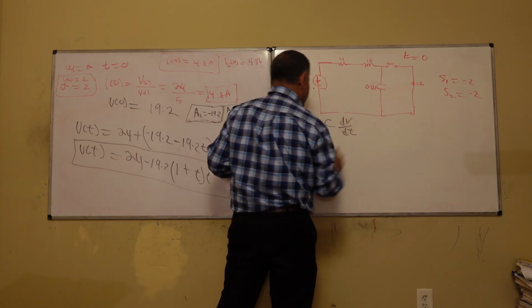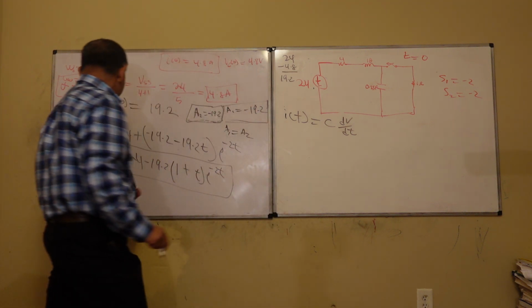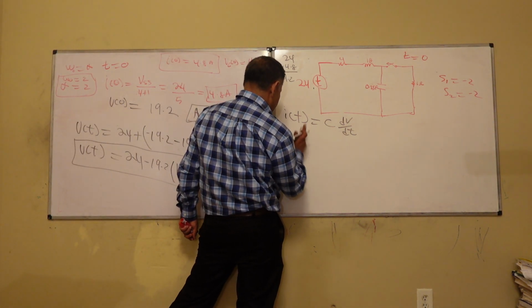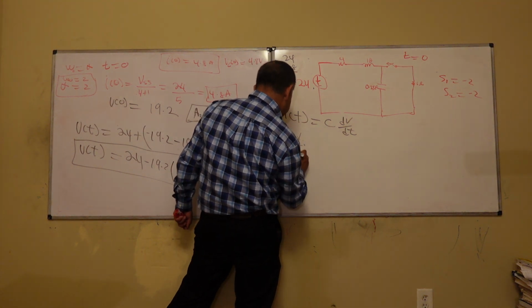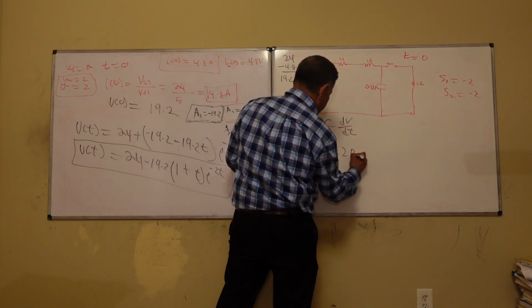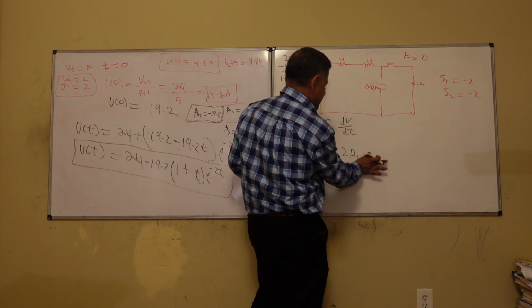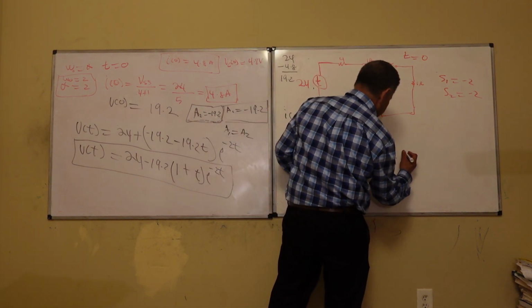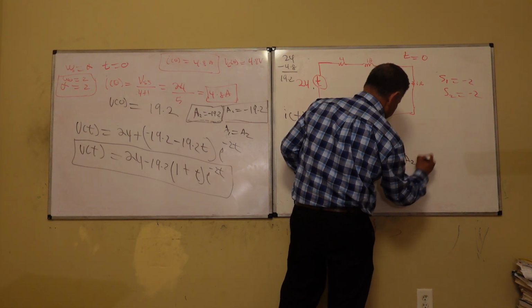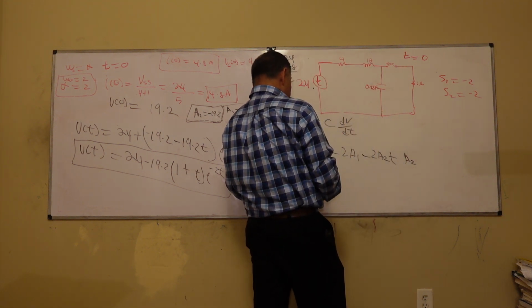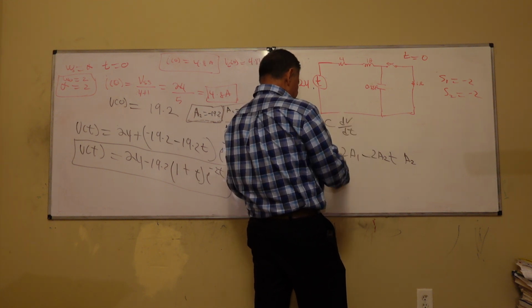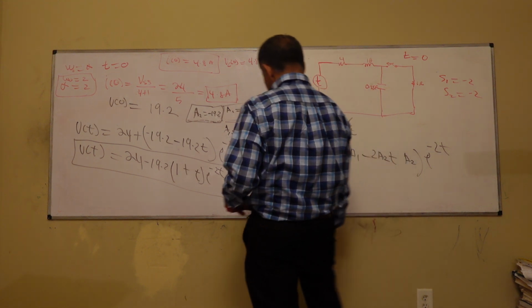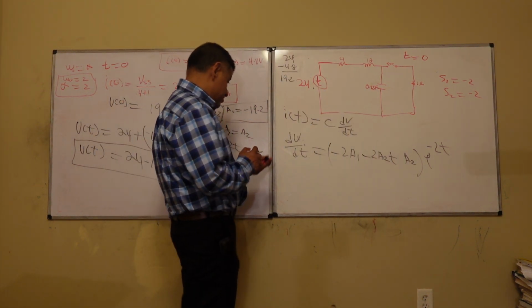Because of that we have to multiply the equation that we found, which in this case was dV over dt equal to negative 2a1, minus 2a2 t, and then plus a2, and everything times e to the negative 2t. What will we do?